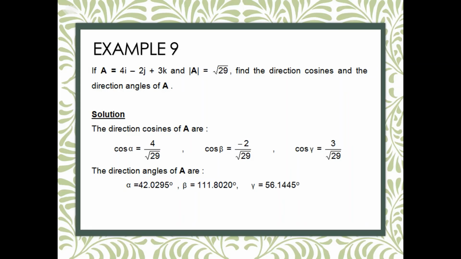By solving alpha, beta, and gamma, you should get the answer for the direction angles of vector A, which are alpha equal to 42.0295 degree, beta equal to 111.8020 degree, and gamma equal to 56.1445 degree.